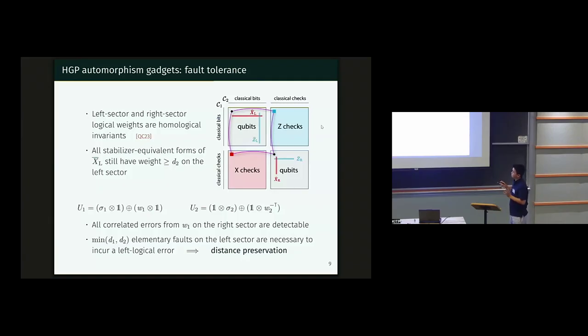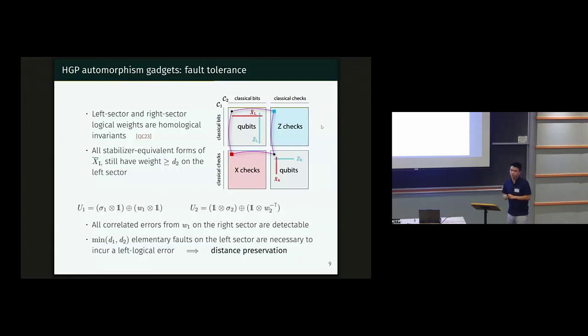If you only restrict to the left logical qubits, it turns out there's this nice property of hypergraph product codes that says no matter which stabilizer equivalent operators you look at, so if you try to clean the logical operators with stabilizers, you can never clean the entire weight off of the left qubits. Basically, it's saying that every single logical X still has weight at least D2 on the left sector.